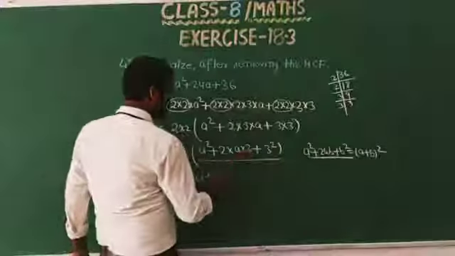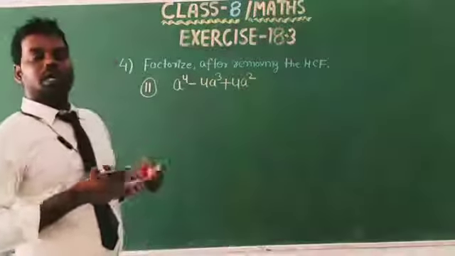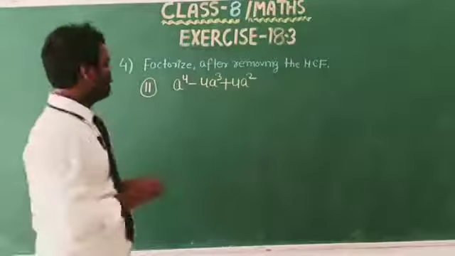Dear children, move to the second part of question number 4. This is a to the power 4 minus 4a to the power 3 plus 4a square. In all three terms, a is common.